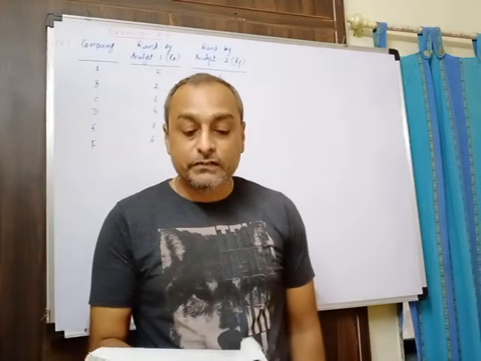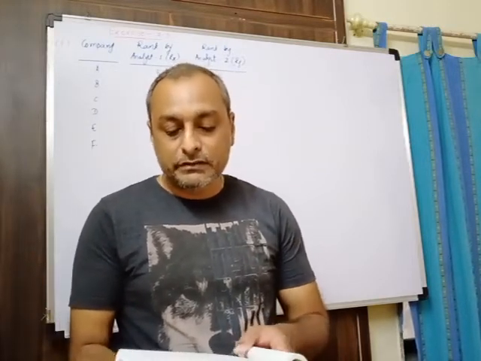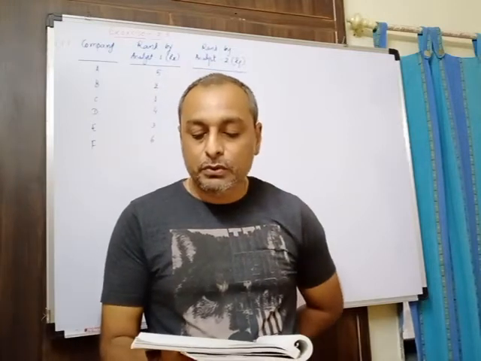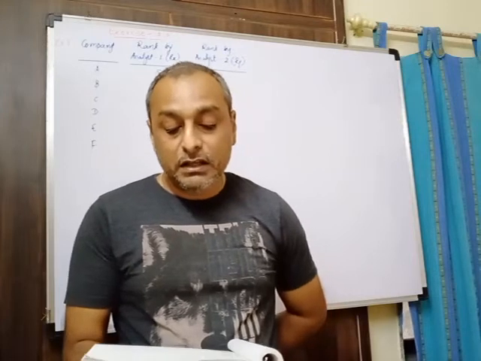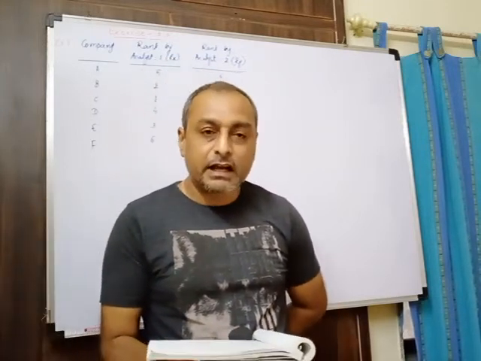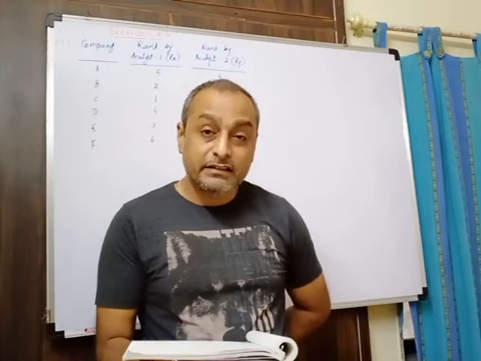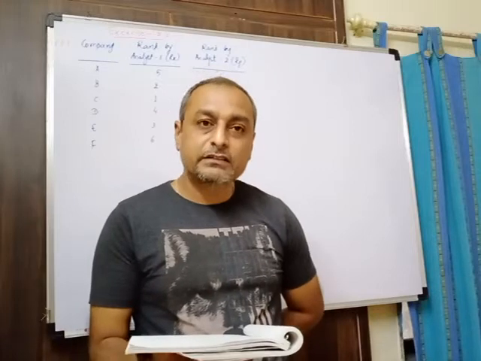I'm reading the first question: six companies are ranked by two market analysts on the basis of their growth in the recent past. The companies are given as A, B, C, D, E and F. Ranks are provided by the first analyst, and also ranked by analyst 2.